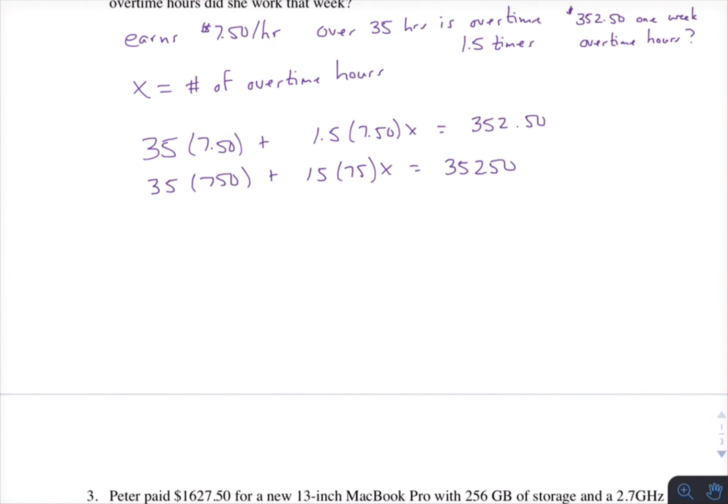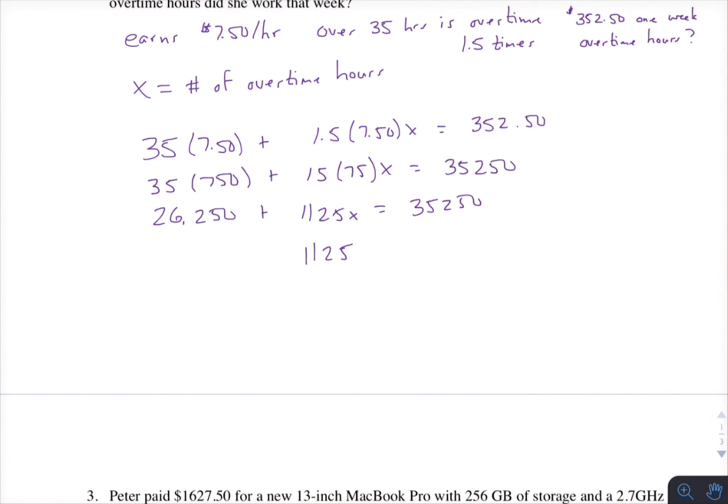And then 35 times 750 is 26,250. And then 15 times 75 is 1125x.